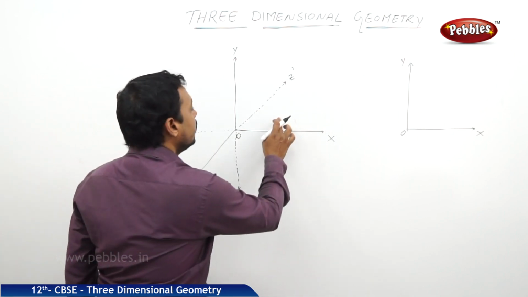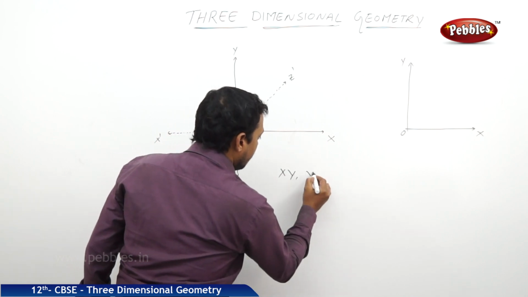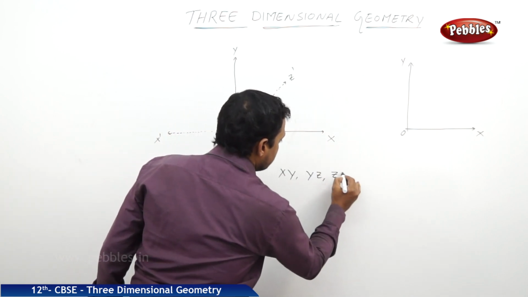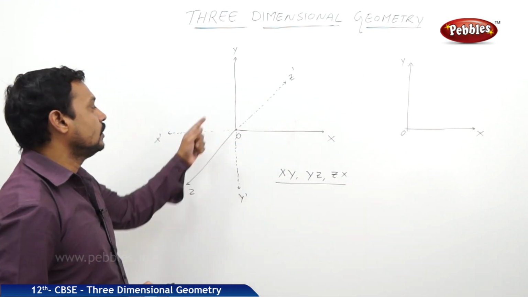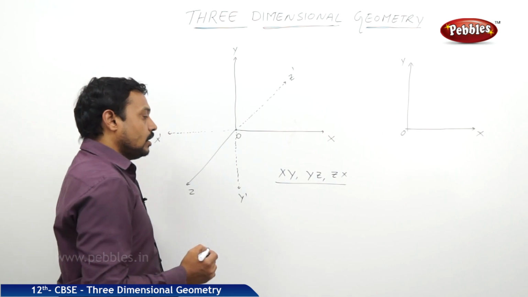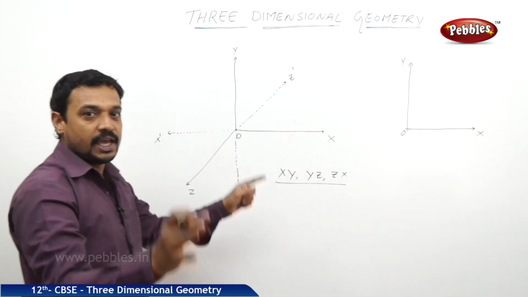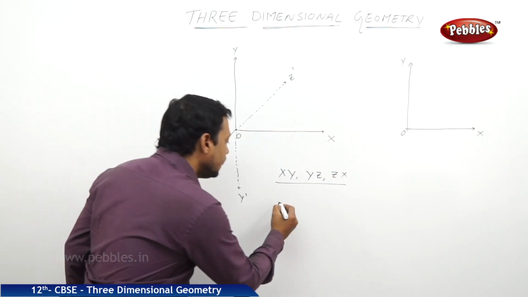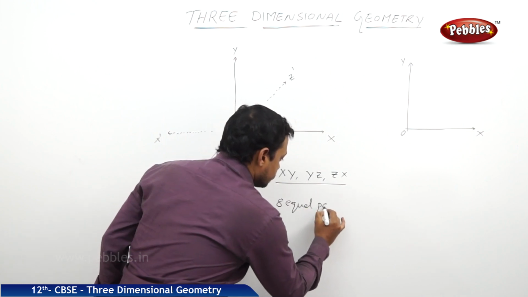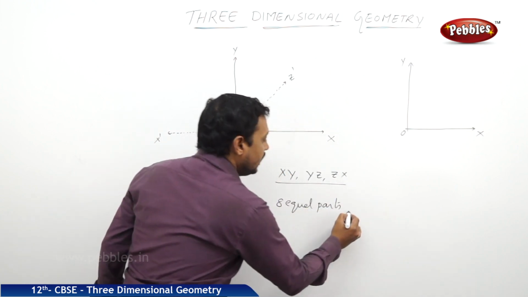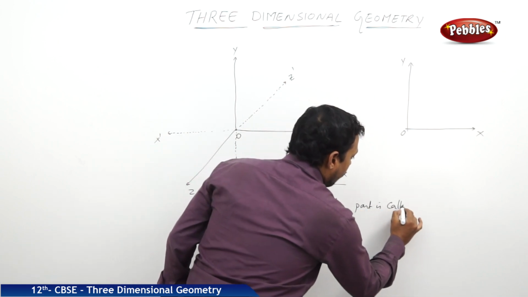Here we already know that there are three coordinate planes. What are they? xy, yz and zx. These are the three coordinate planes of three-dimensional geometry. These three planes divide the entire space into 8 equal parts, and each part is called an octant.